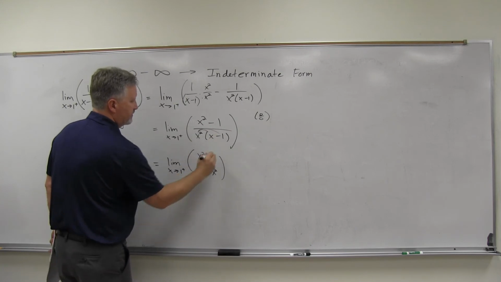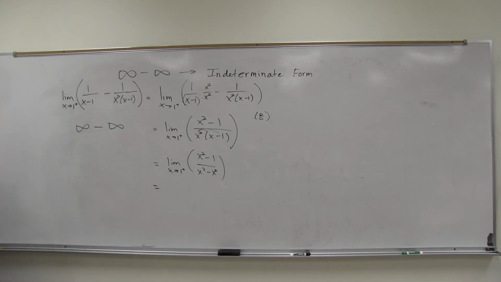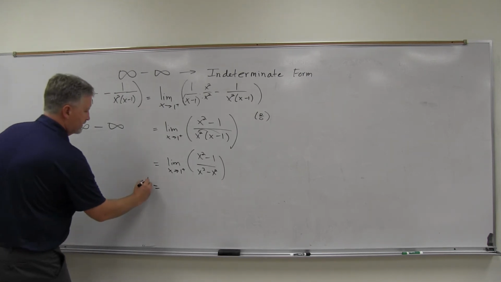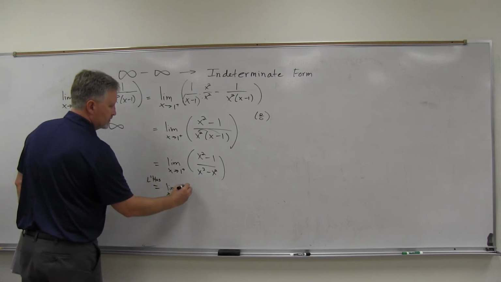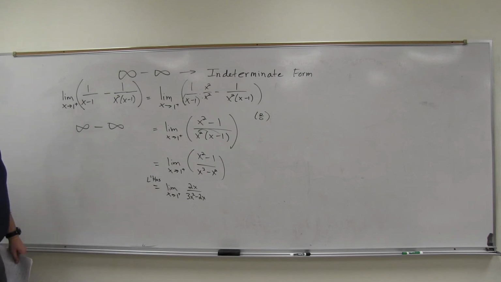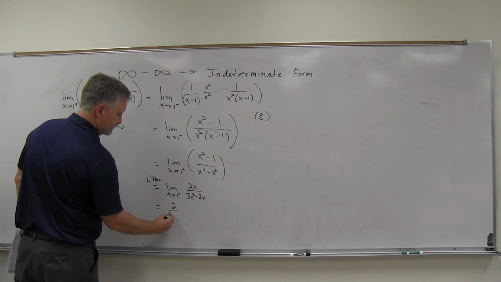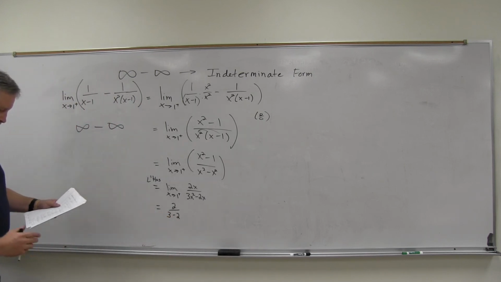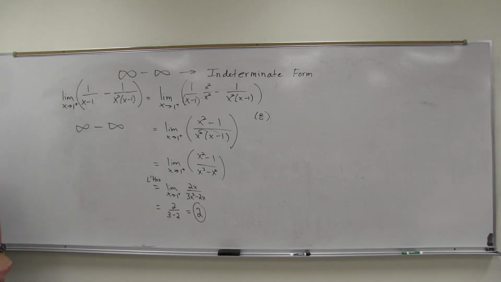Then with L'Hopital, I've got 2x over 3x squared minus 2x, which is 2 over 3 minus 2. 2. Infinity minus infinity is 2 in this particular case. You just never know.